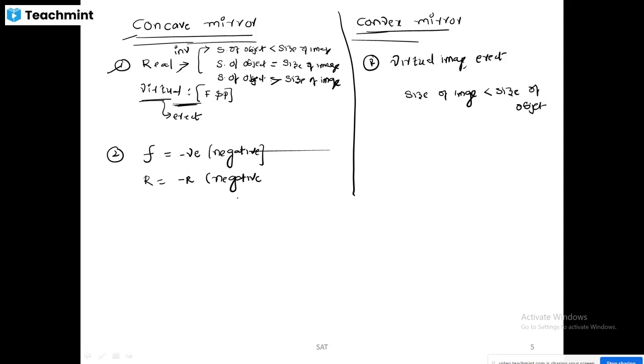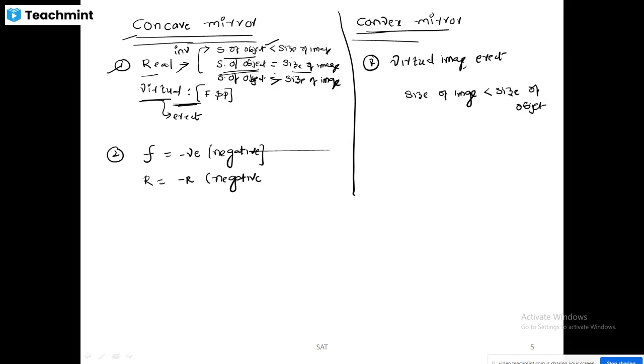Okay, so with a real image, it is possible that the size of the object is less than the size of the image, or the size of the object is equal. So at what position is the size of the object less than the size of the image? At infinity and beyond the center of curvature, and between C and F. The object is at what position when the size of the object is equal to the size of the image? At the center of curvature.